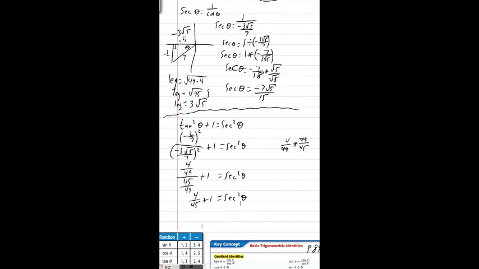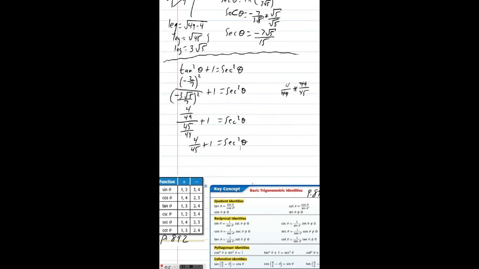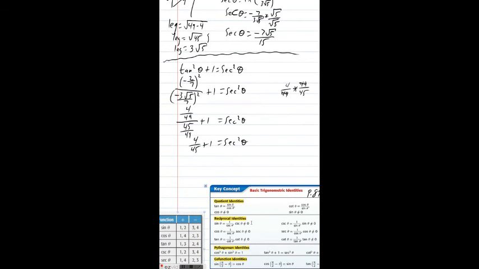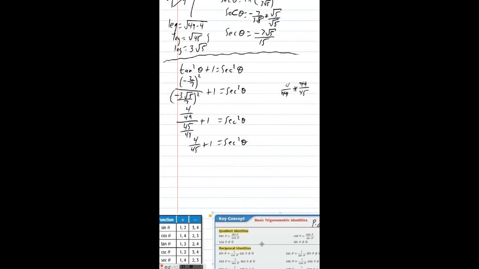Yes, I agree, this is all calculator work, but it's nice to know where that stuff comes from. So we have 49 over 45 is equal to secant squared theta.